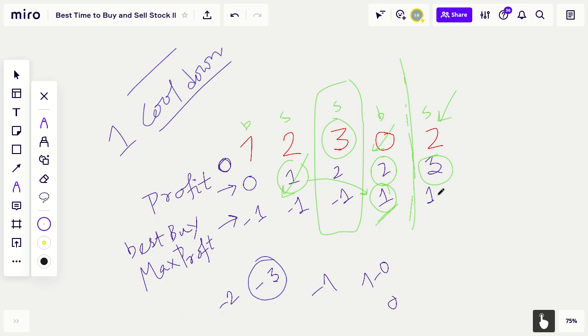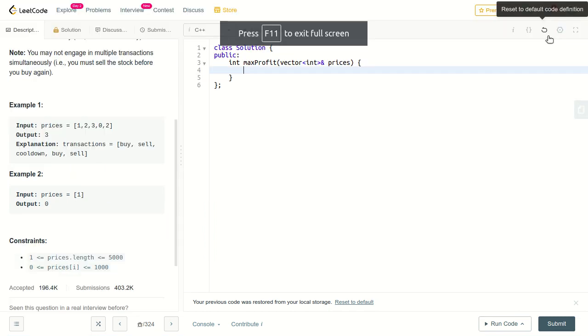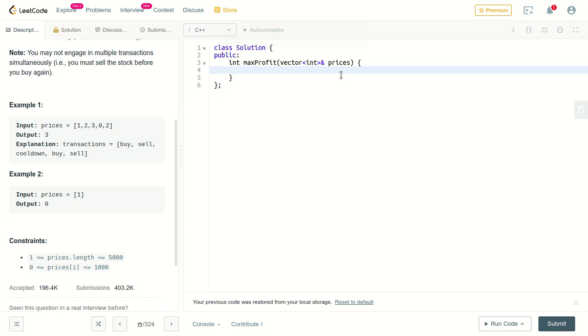So I know it feels a little bit clumsy, and it is not medium for no reason, right? So let's see that thing in action. Just declaring here what we require. We need 3 things: say previous profit, profit 0 and profit 1, and another thing is buy by max profit.